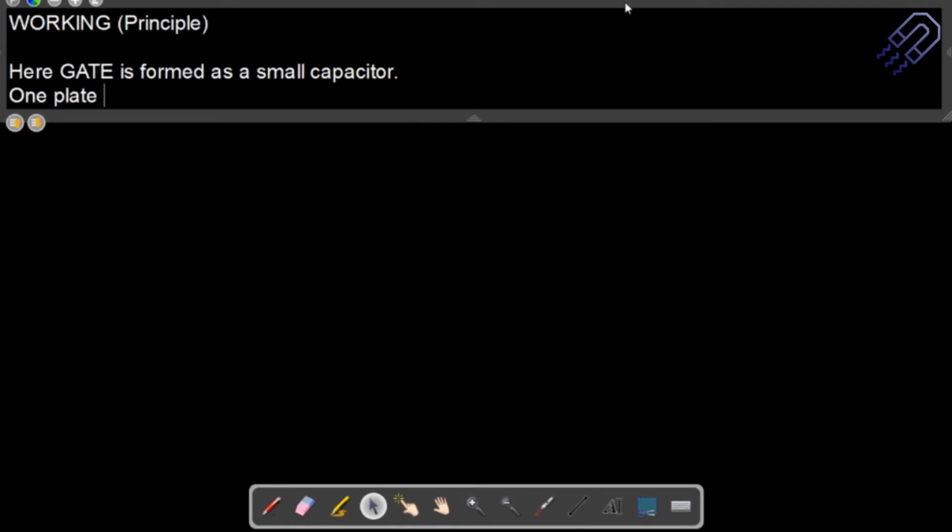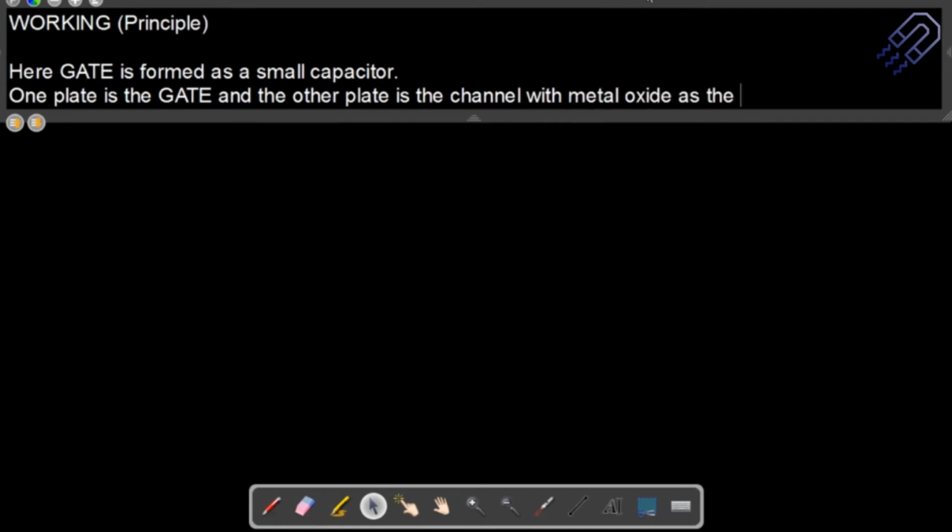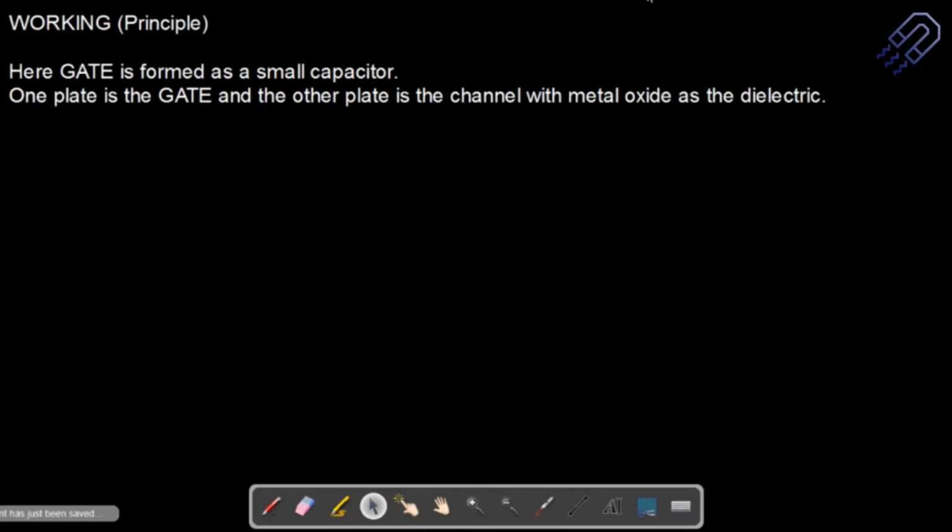One plate is the GATE, and the other plate is the channel, with the metal oxide as the dielectric. This is one more point. I'm just writing it down one below the other. You can obviously make sentences.